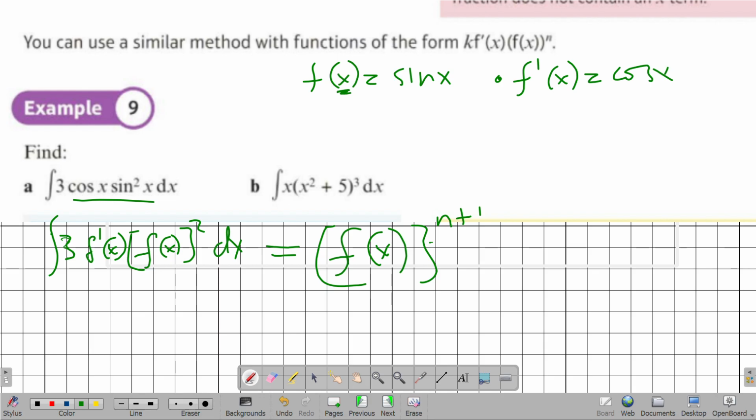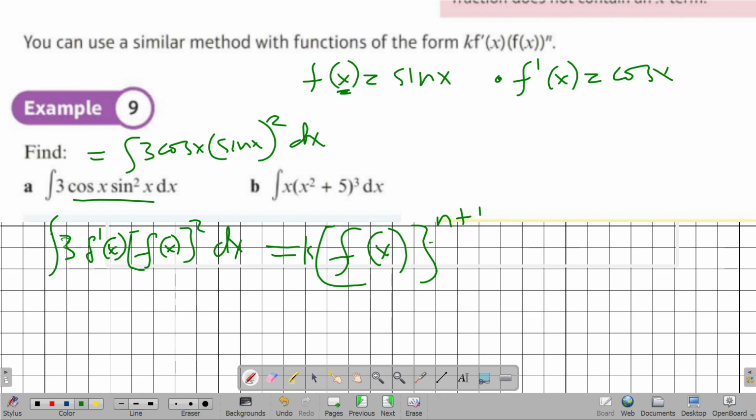Because there is a constant 3 here, we'll just put a k. That will be the answer basically, as long as this product follows this. This can also be written as the integral of 3 cos x sine squared x dx, so we can see this is the relationship. Our answer is definitely that.